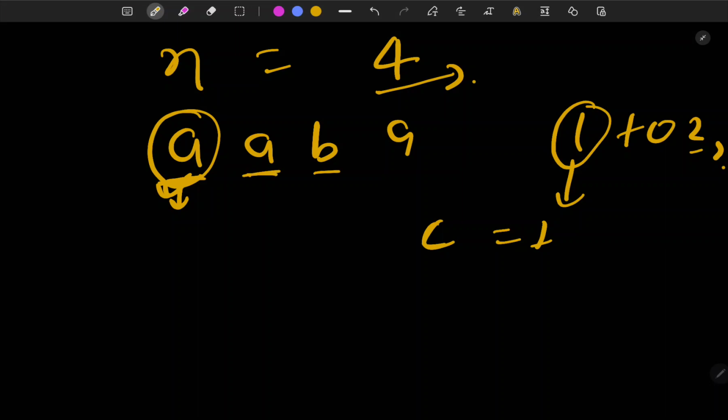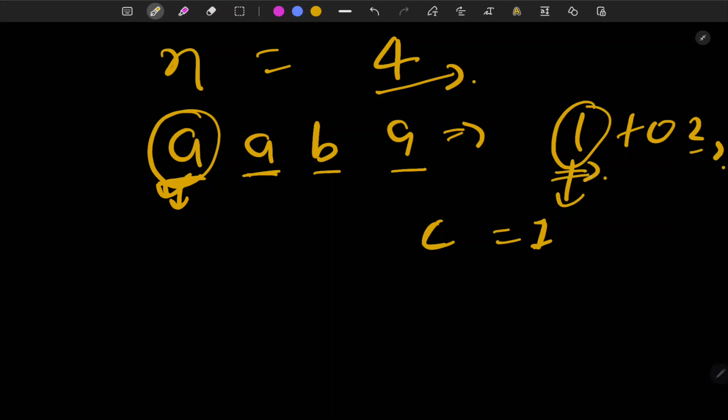I will go here, here, and here, and I will see at any index i which is a multiple of these divisors in the string. If it is satisfying all the conditions, then I will say yeah, it is possible, and that could be your smallest length.